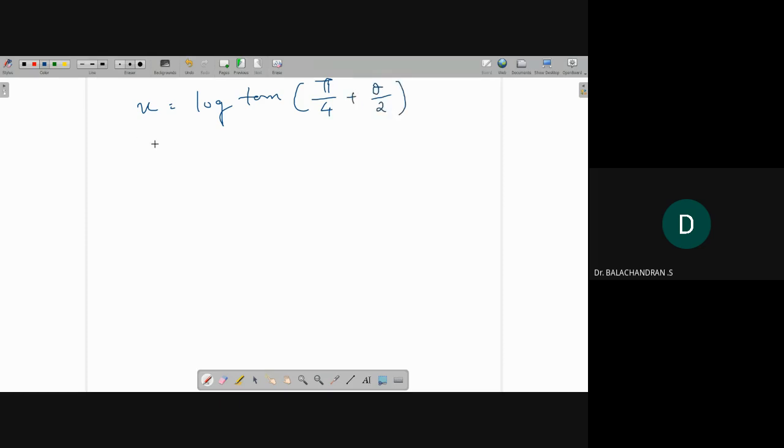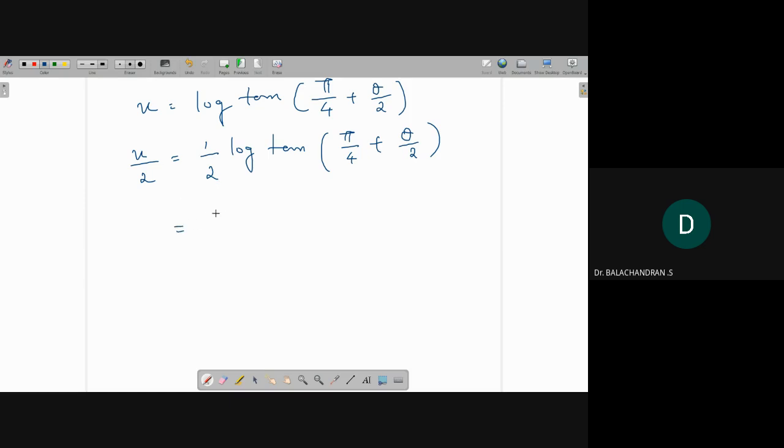So now I am going to divide both sides by 2. u by 2 equal to 1 by 2 log tan of pi by 4 plus theta by 2. So you can also divide by 2 later. Okay, now I'll do it here.